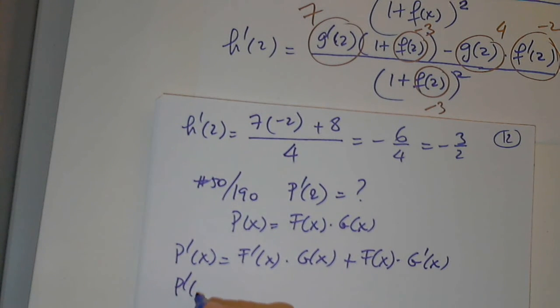And therefore p prime of 2, we determined those numbers. There was 0 times 2 plus 3 times 1/2. This is 0, so this is 3 over 2. Any questions?